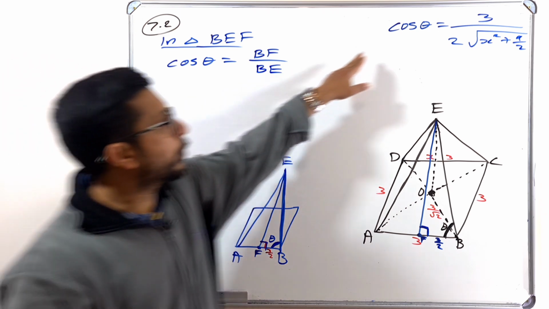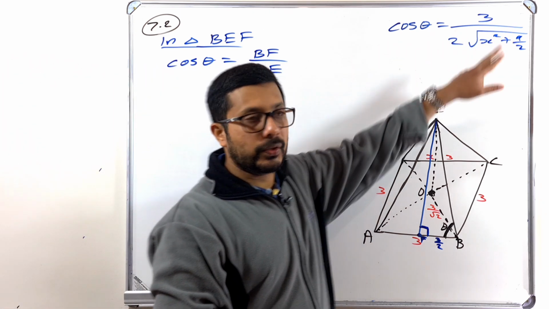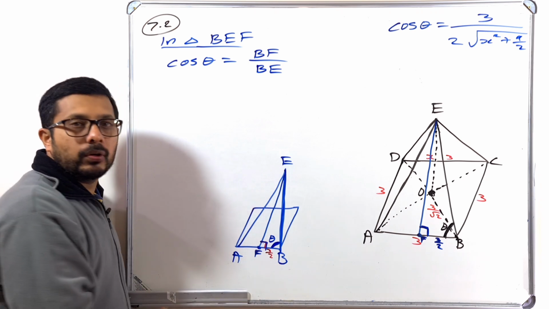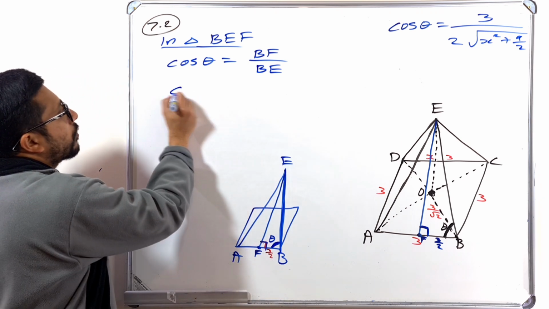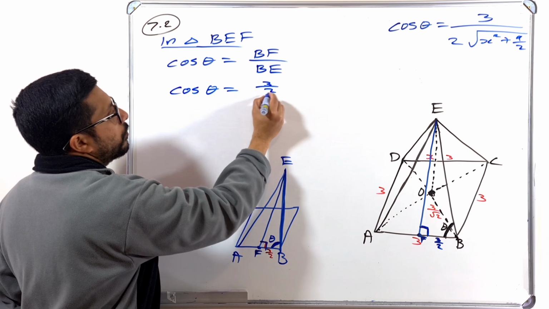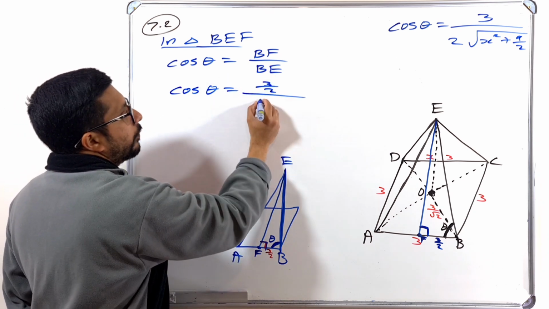So we want to prove something like this. Don't forget that. Okay. So what is BF? We know that BF we already got 3/2. So cos theta is equal to 3/2 divided by BE.